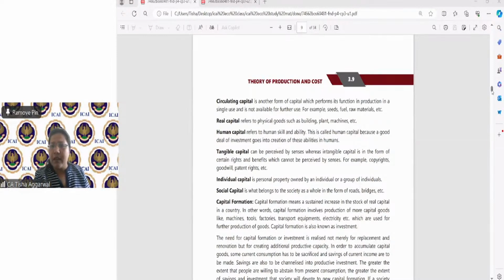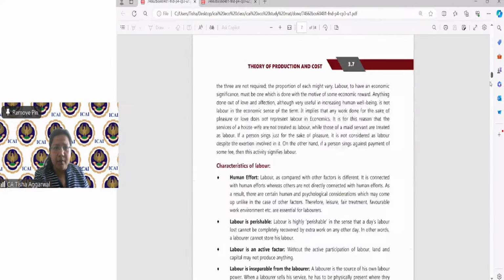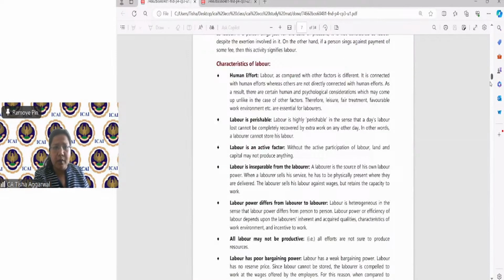Okay, next, labor, point number 4. Labor is inseparable from the laborer. What does that say? For example, if I am getting X rupees to deliver this lecture to people sitting in front of me, can I not be physically present and still get the money? No, I will not get it.